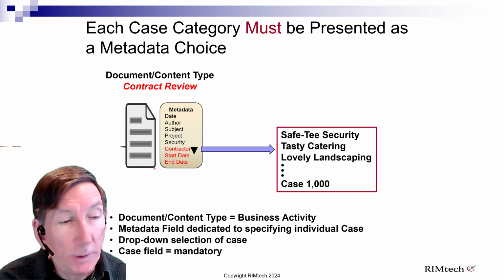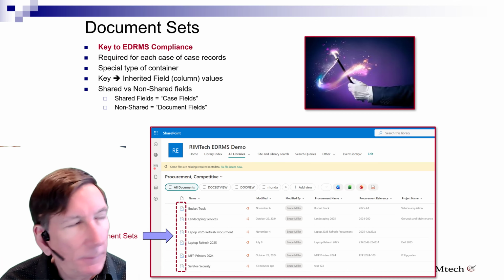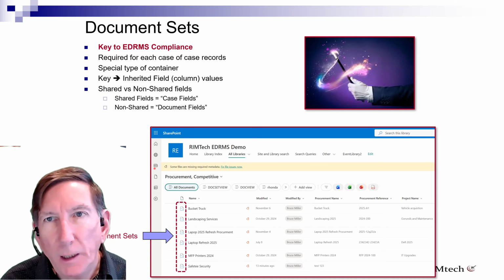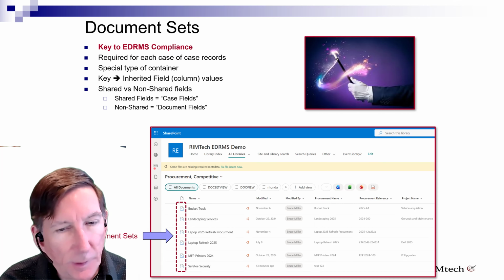Now, inside SharePoint, there's an extremely important mechanism called document sets, which is ideally suited for cases. In SharePoint, a document set should become a case, okay? Here's how. You create a library called employees, and each document set is an employee. A document set in SharePoint is a container. You can see them on the bottom here. There are 6 of them right here.